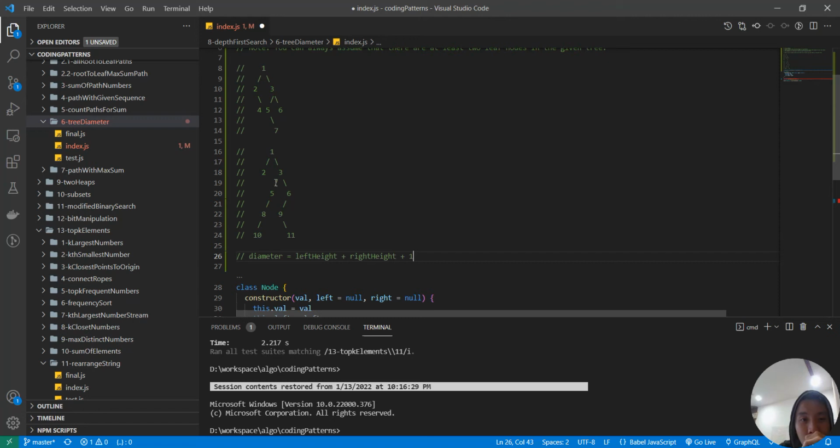In this case, for example, left height is one, right height is four, right? 4 plus 1 is 5, plus 1 here is 6, right? Or left diameter or right diameter.